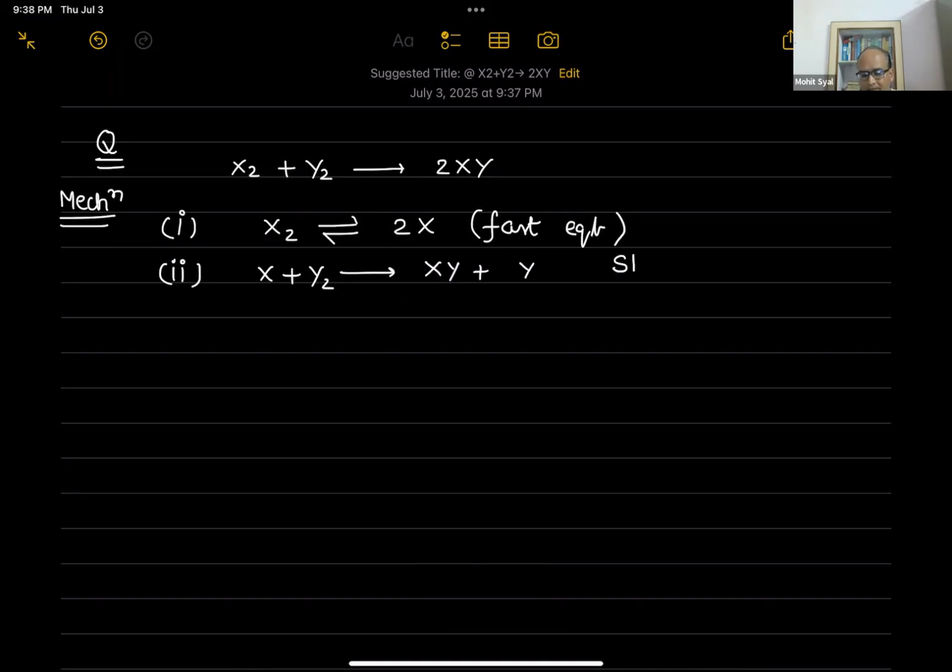This is the slow step. And this is also fast step. This is the overall reaction.